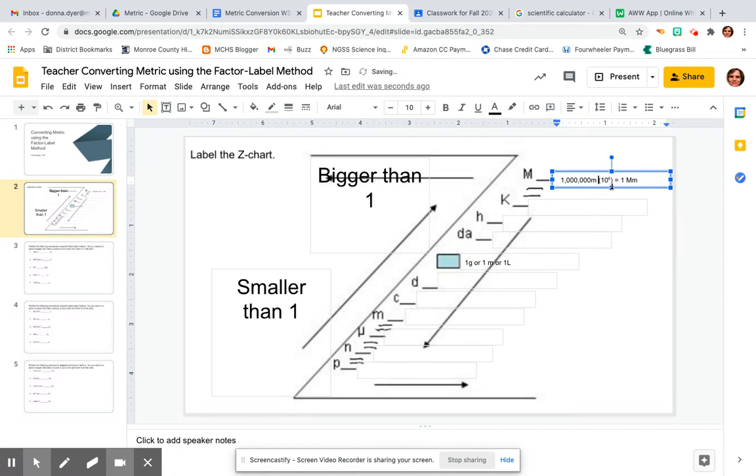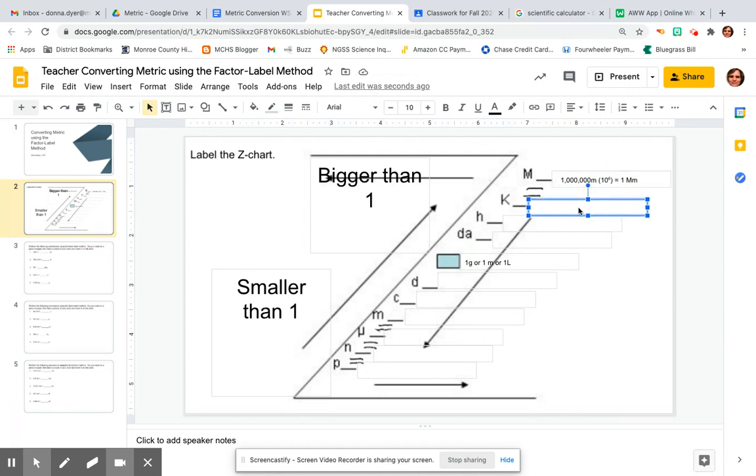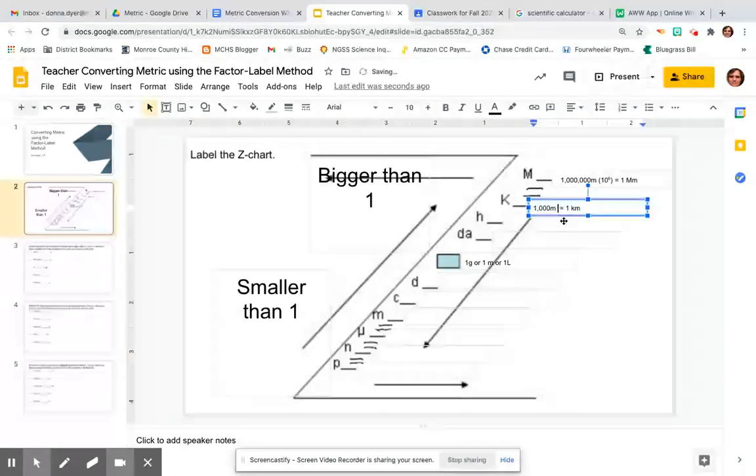I'm just going to use the million, but a million is 10 to the 6, so that's why I put it there. Moving on, kilo, like a kilogram, a kilometer, or a kiloliter. Kilo means 1,000. So there are 1,000 meters in 1 kilometer. And again, 1,000 is 10 to the 3rd power.